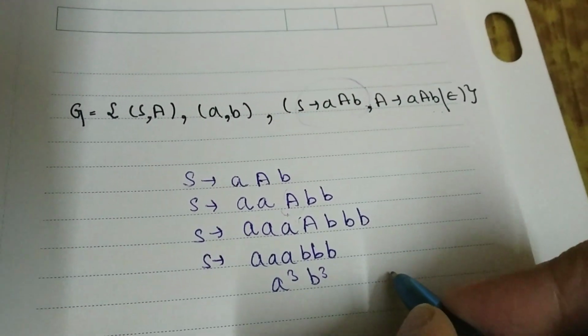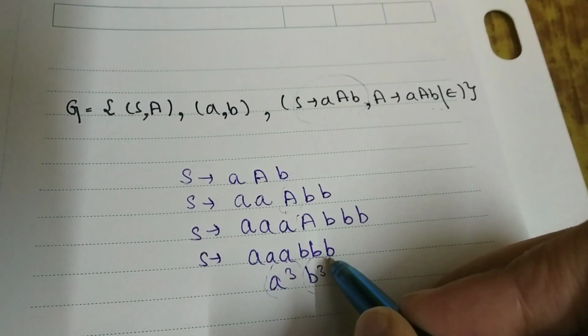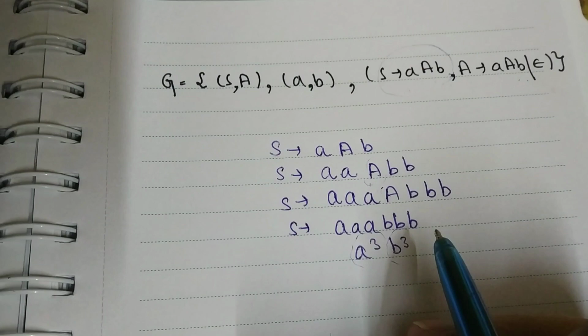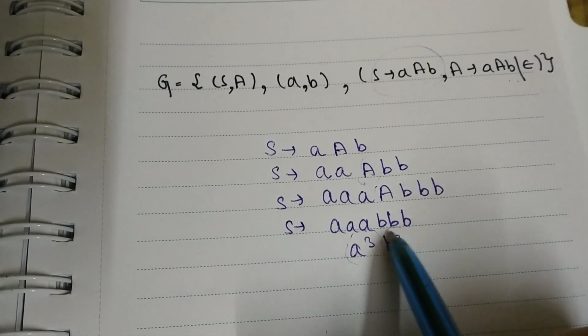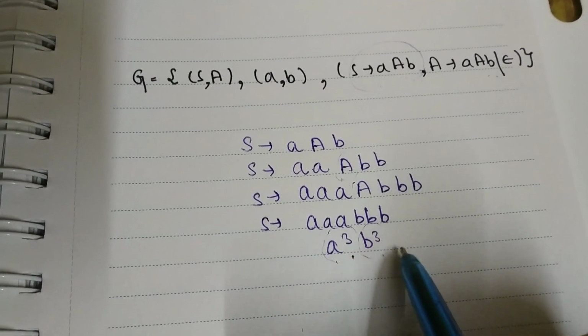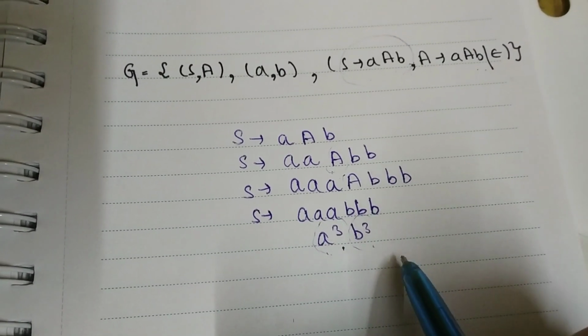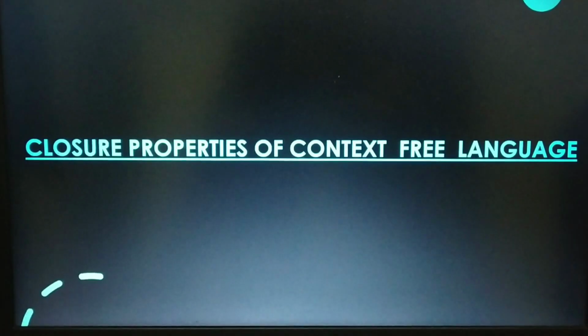So this implies that the number of A's is equal to the number of B's. However much we expand, it will always give us strings of the form A raised to the power n, B raised to the power n, where the number of A's will always be equal to the number of B's and A is always followed by B.